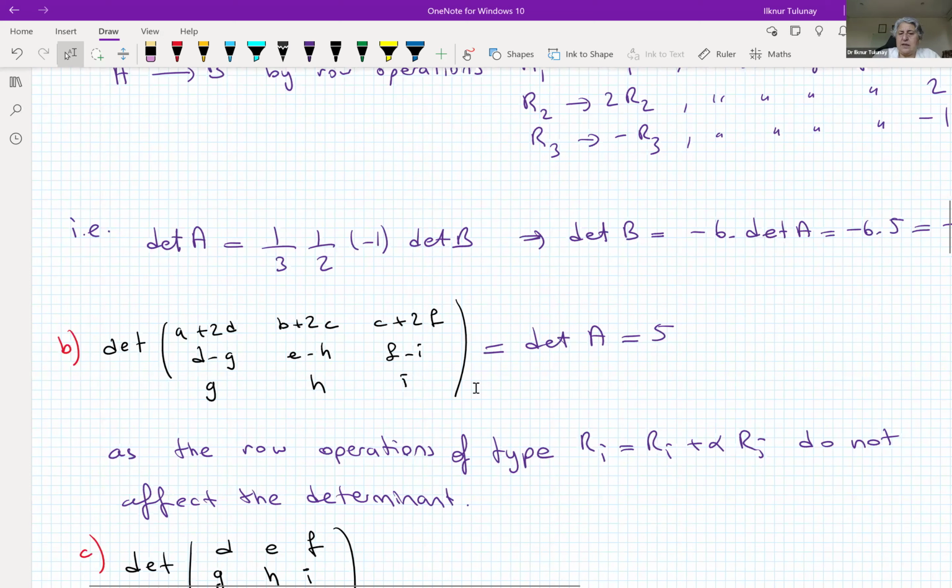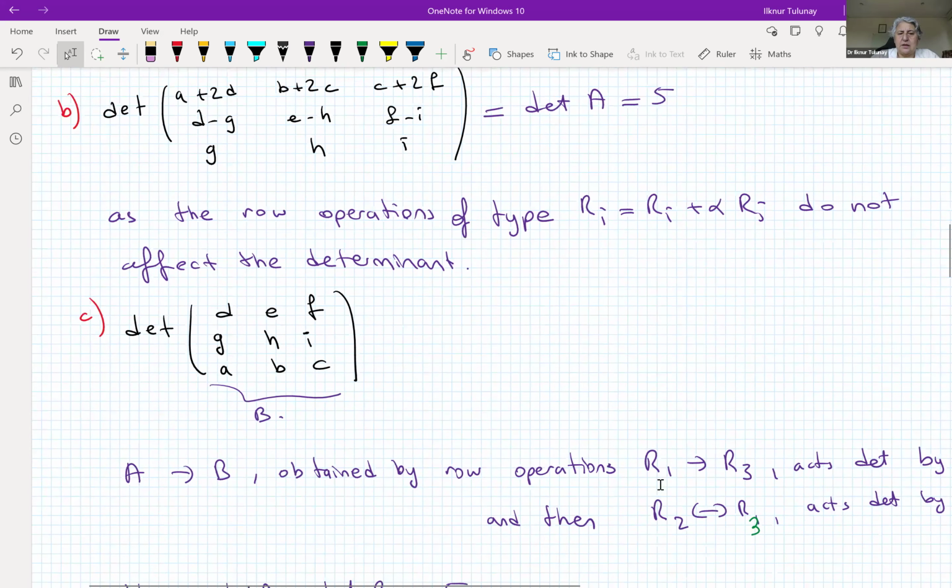And the last row, we didn't do anything. So the determinant of this matrix is exactly the determinant of A, which is 5. All the operations that we are doing here are of this kind: row I is equal to row I plus alpha times row J, so it doesn't affect the determinant.